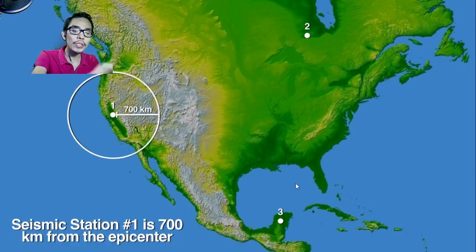Now, if you are using a small map and a ruler, you might want to scale it down, because 700 kilometers cannot fit in a small map and a ruler.